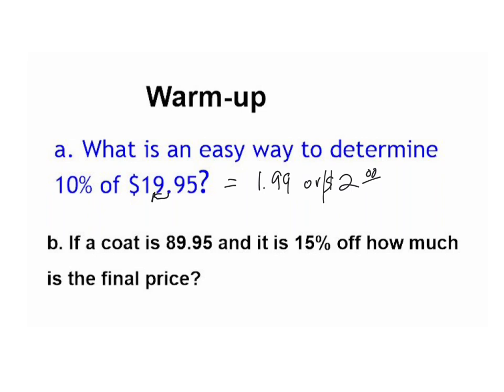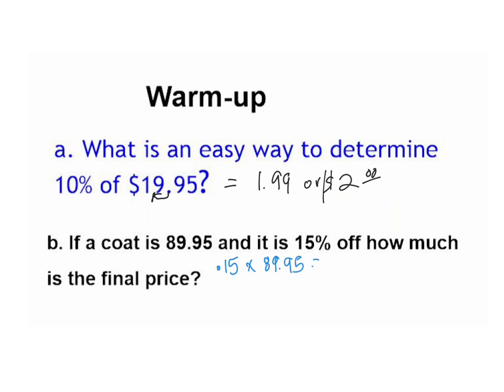If a coat is $89.95 and it's 15% off, how much is the final price? Well, there's a couple ways to do this. Let's take a look at one way. You would go 0.15, which is 15% as a decimal. We take 15% and we divide it by 100, and we get 0.15. If it helps, think of it as, how would I write 15 cents? You would write 0.15, and so that would be correct. And then times 89.95.